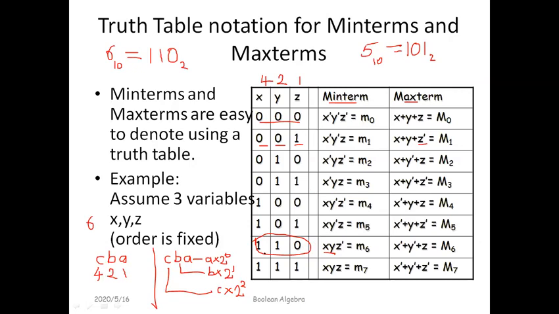Okay, so here this will be x bar plus y bar plus z is equal to M6. So 6 is the decimal equivalent of 110 base 2. I hope we made ourselves clear on the representation of min terms and max terms on the truth table.